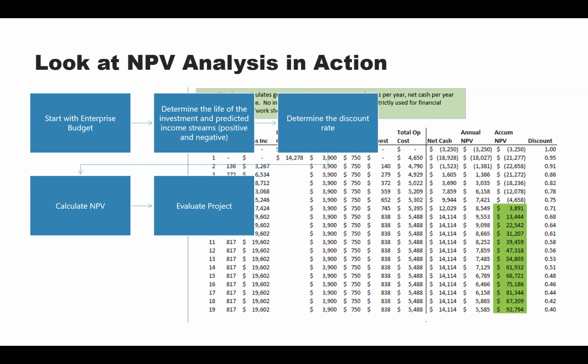And if you set a high discount rate, you're setting the bar higher for this to be a project you would accept, and you're assuming that there's more risk in that project. So you have some determination about this. Then you would calculate that net present value, and then you would evaluate the project. And net present value is just one tool you would use, but it's a pretty powerful tool.